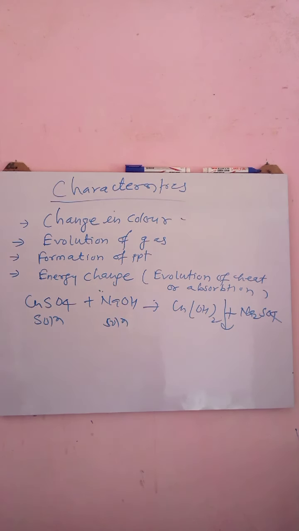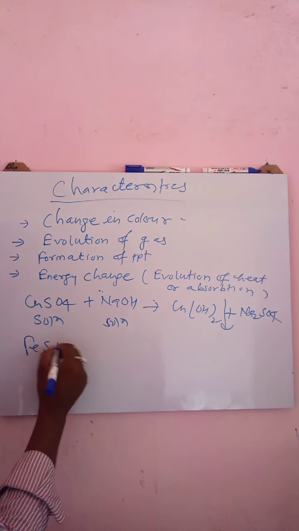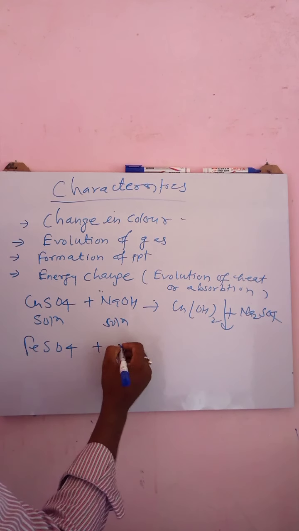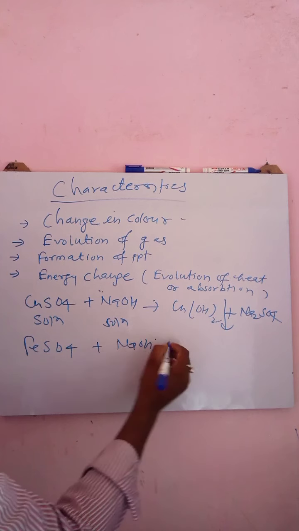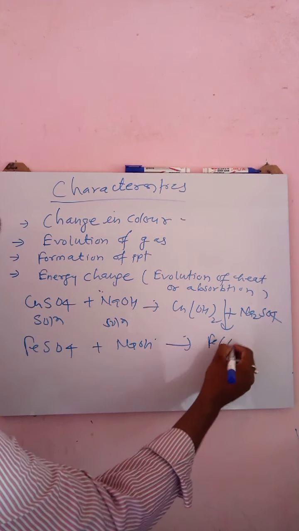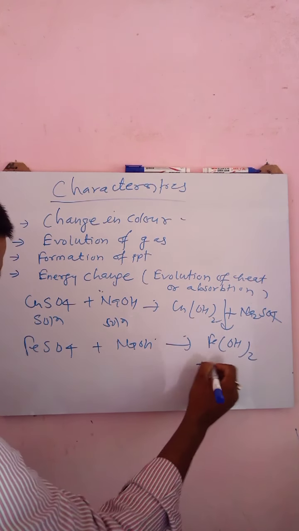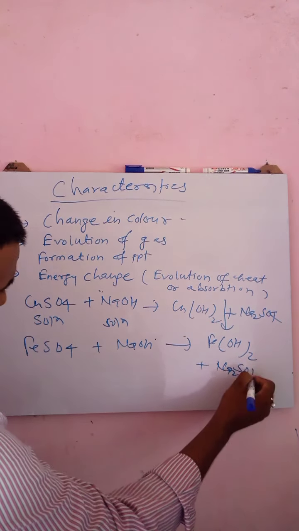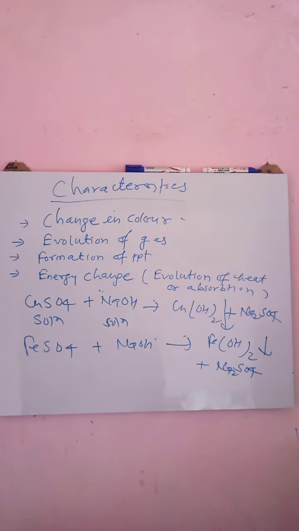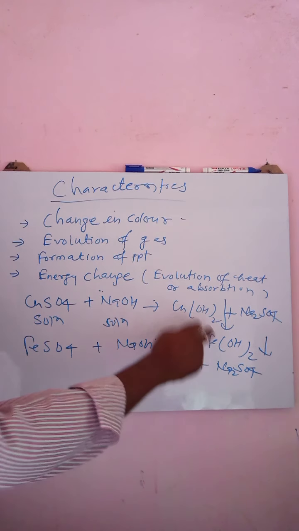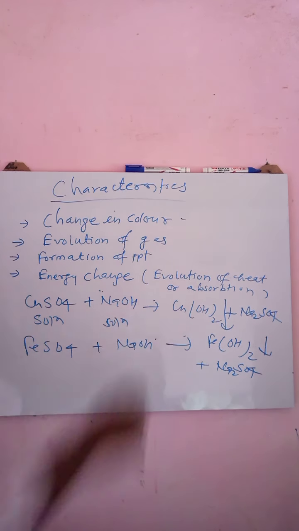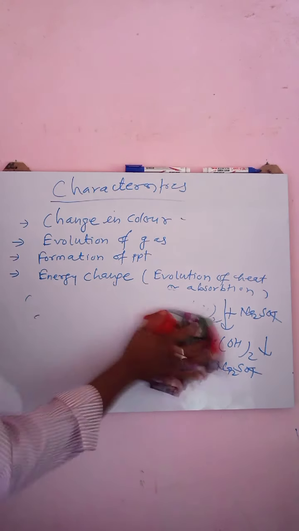One more example: when ferrous sulfate solution is treated with sodium hydroxide solution, it forms Fe(OH)2 plus Na2SO4. This is also characterized by formation of iron(II) hydroxide. Right? I hope you people are understanding. It is a dirty green color precipitate and this one is a pale blue color precipitate.